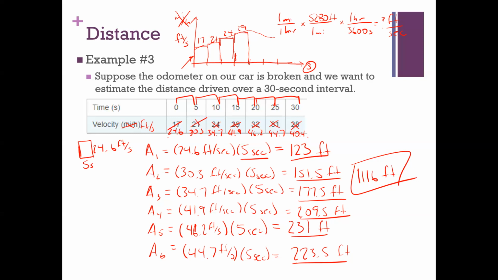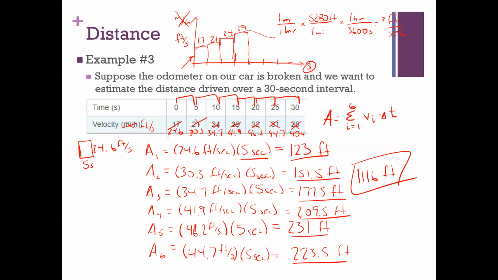Connecting it to Riemann sums, I'll say this: the area is equal to this sum from i equals 1 to 6 of area i, where delta t stands for our 5 seconds, and I'll call it velocity i.